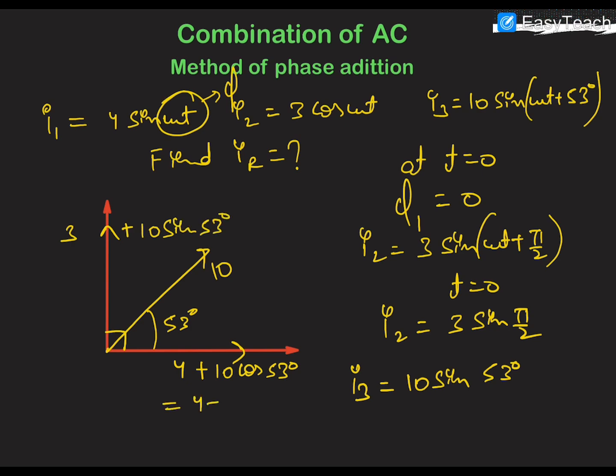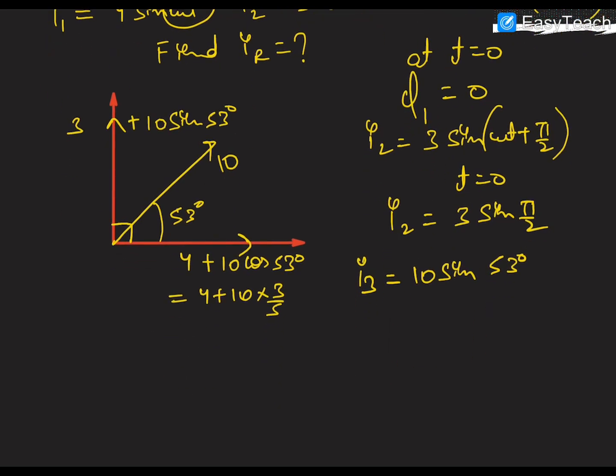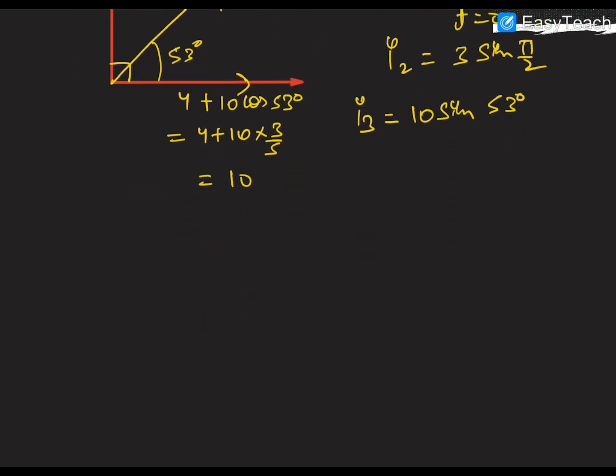Now 4 plus 10 into 3 by 5, so this will be equal to 10, and this is 3 plus 10 into 4 by 5, so it would be equal to 11.